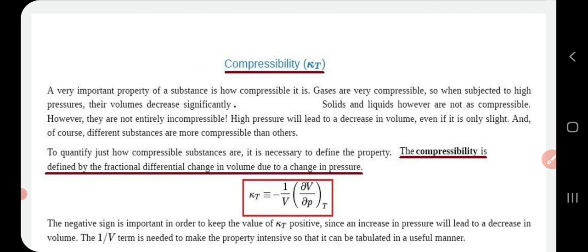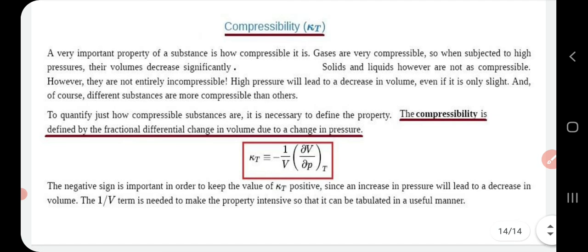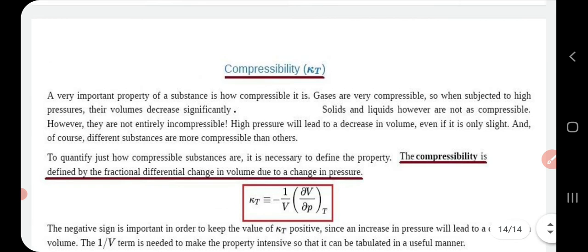Compressibility is defined by the fractional change in volume due to a change in pressure. It is represented as Kt equal to minus 1 by V, dou V by dou P at constant temperature. The negative sign keeps the value of Kt always positive, because an increase in pressure will lead to a decrease in volume. So, what is compressibility, what is its expression, how it is denoted.